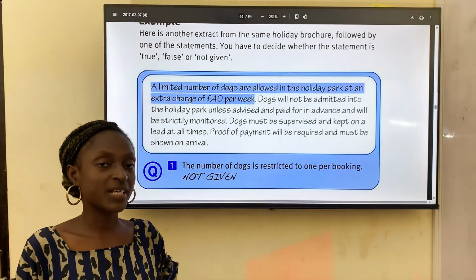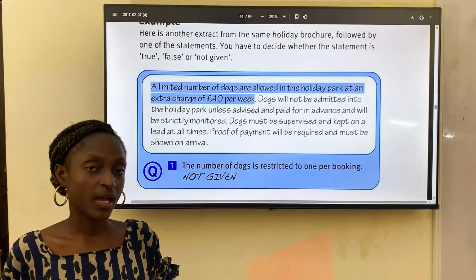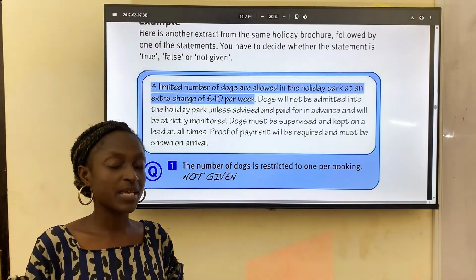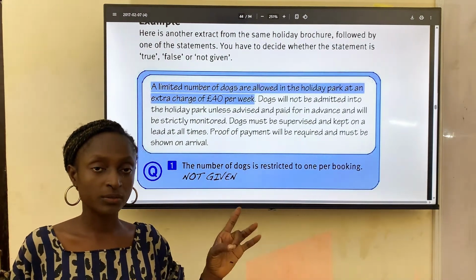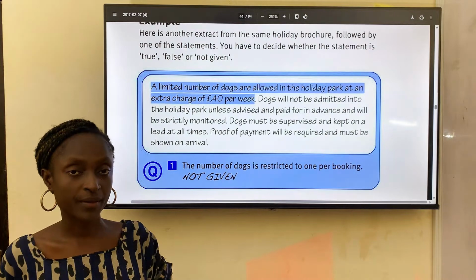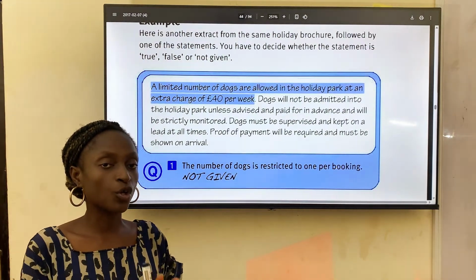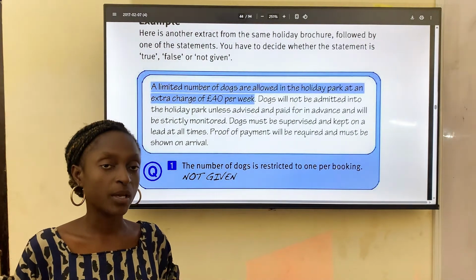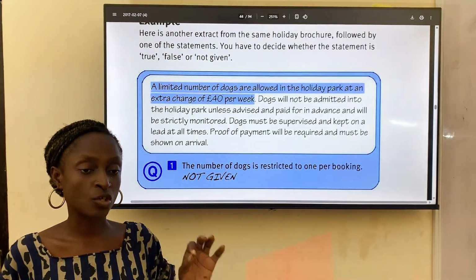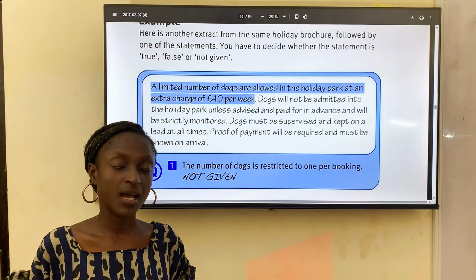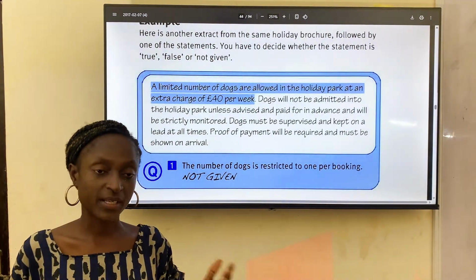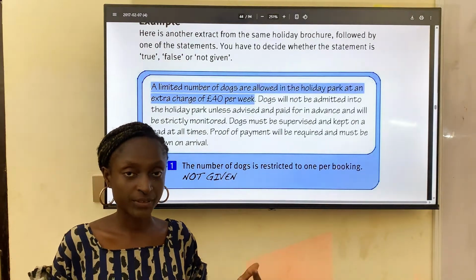So the question is an assumption. Because it is an assumption, we can't say whether the limited number means 1 or 2 or 3. So we simply go for not given. Our answer would be not given because that statement is an assumptive statement. I hope that is clear. So let's move on. Let's look at another question type.